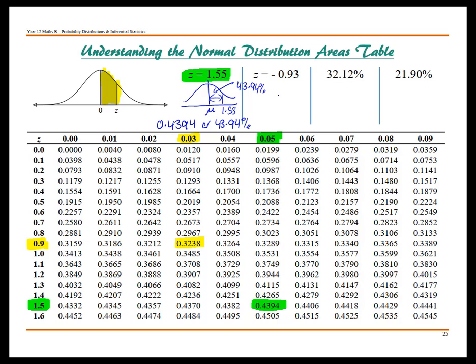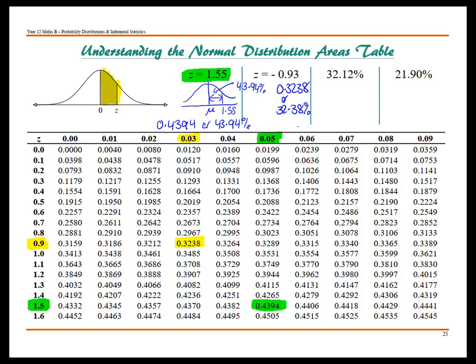Okay, so this is 0.3238 or 32.38%. So I know that 32.38% of scores are between the mean and negative 0.93 standard deviations below the mean. That makes sense when we know that 68% of scores are between one standard deviation of the mean, half of 68, 34%. So we know 34% is between the mean and one standard deviation. So if we've got negative 0.93, that kind of makes sense, doesn't it? 34%, and this one's 32.38.